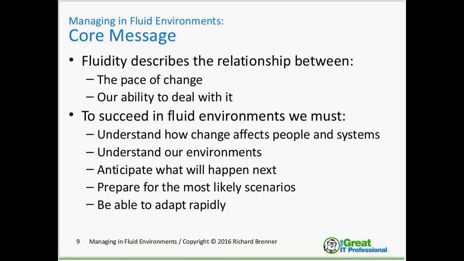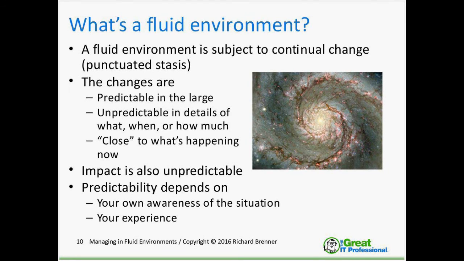So fluid is subject to continual change. It's maybe not continuous change, in the sense that there are times when change isn't actually happening, but the change is continual. It keeps on coming, as geologists say, in punctuated stasis. The changes we encounter are both predictable and unpredictable, in the sense that although we can reasonably expect a change of a given kind, we don't know when it will come or how it will come.